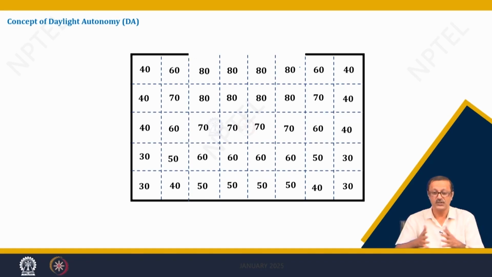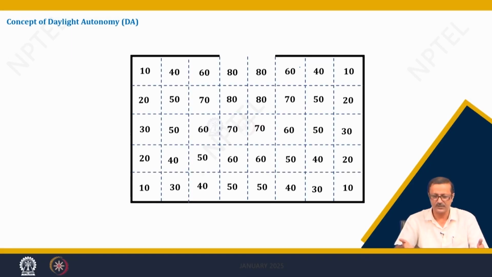Now, suppose the windows are bigger, so instead of a 2 grid opening it is a 4 grid opening. So, you will get more 80s, more 70s, and finally you should end up with 30 at the corners, where earlier you ended up with 10% of the time in the corners having more than 300 lux.